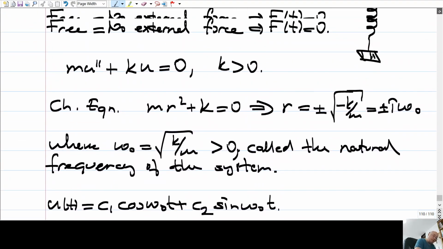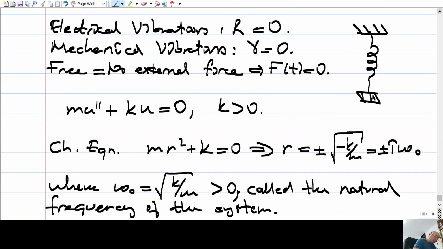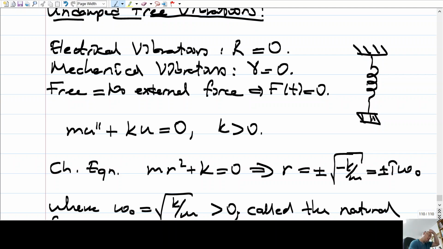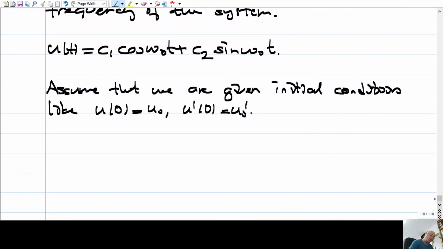This means the initial position of the object, or initial displacement from the equilibrium position, is u0, and the initial velocity. So the object may have an initial velocity at the beginning. Once you have these initial conditions, plugging them in, you will get C1 and C2. Let's say C1 is just A and C2 is B.